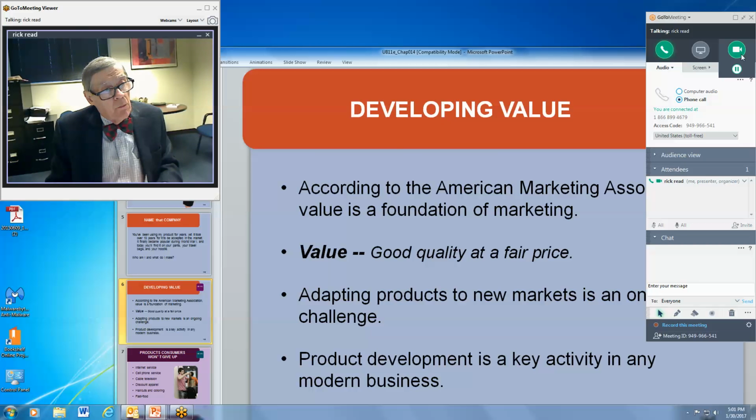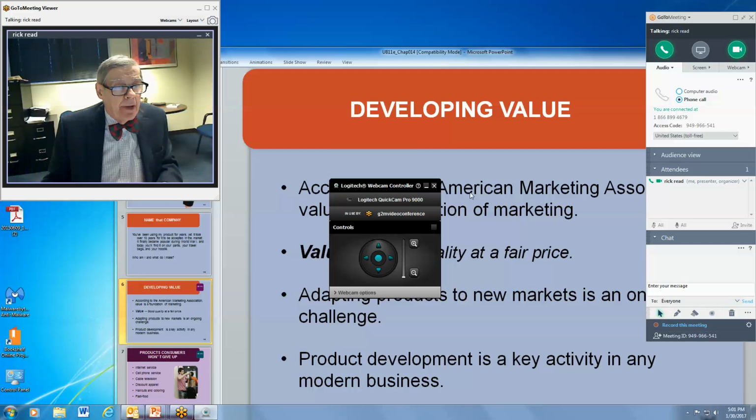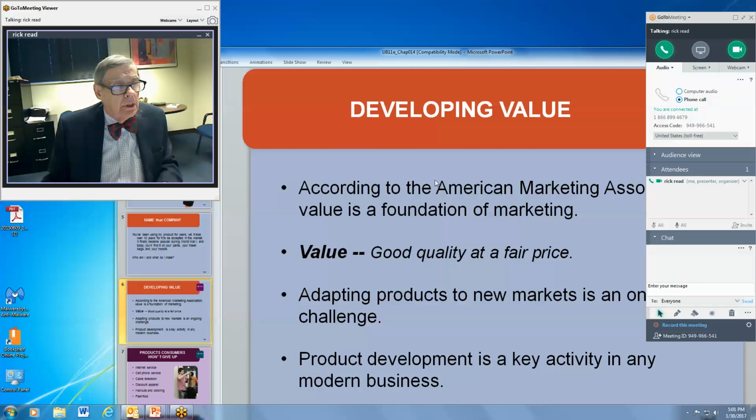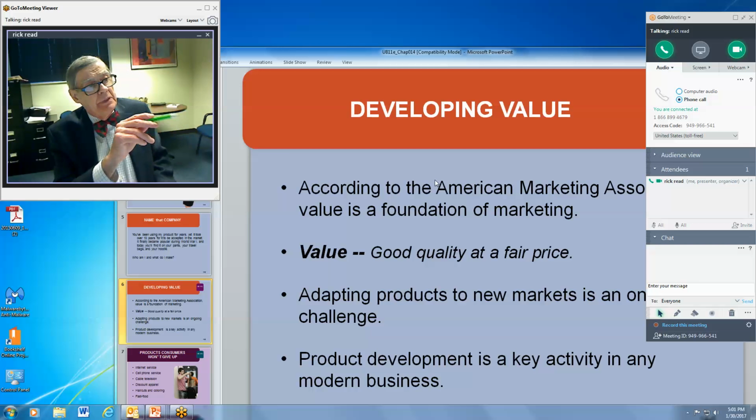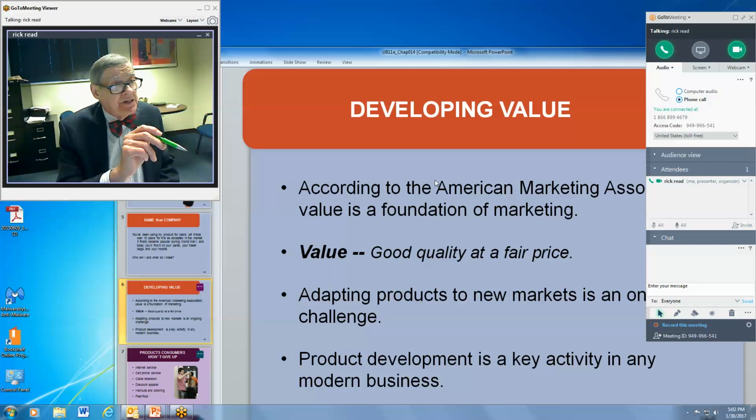Now, some will tell you that good is not really the best word to use here. You would use some other type of word like great or outstanding or excellent. The good is not definitive enough. Regardless, you want to put out a product that people want because it meets their needs, or as we've talked about before, exceeds their needs, and it is offered to them at a fair price.